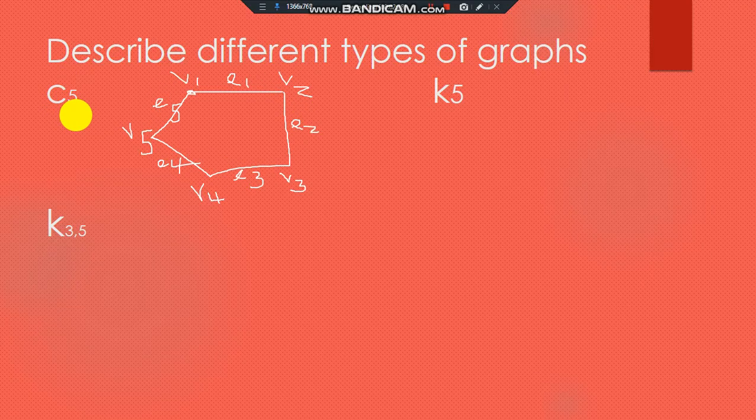This denotes the number of edges and this denotes a cycle. If you take the edges as directed ones, we get this direction, this direction, this direction and this direction. A cycle we are getting.